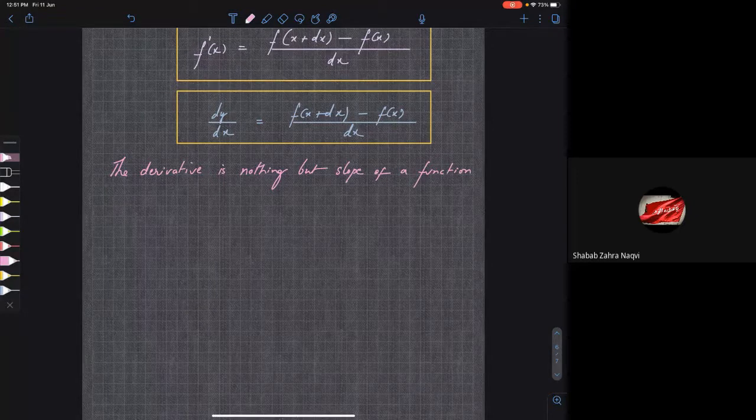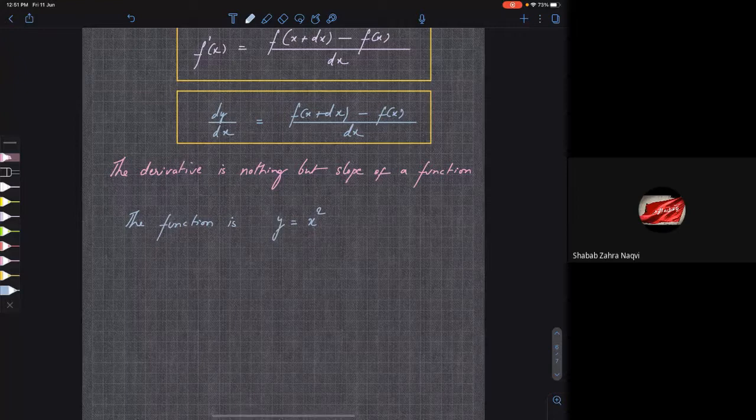In 1 minute I'll prove it. So the function we are analyzing now is y equals x square.